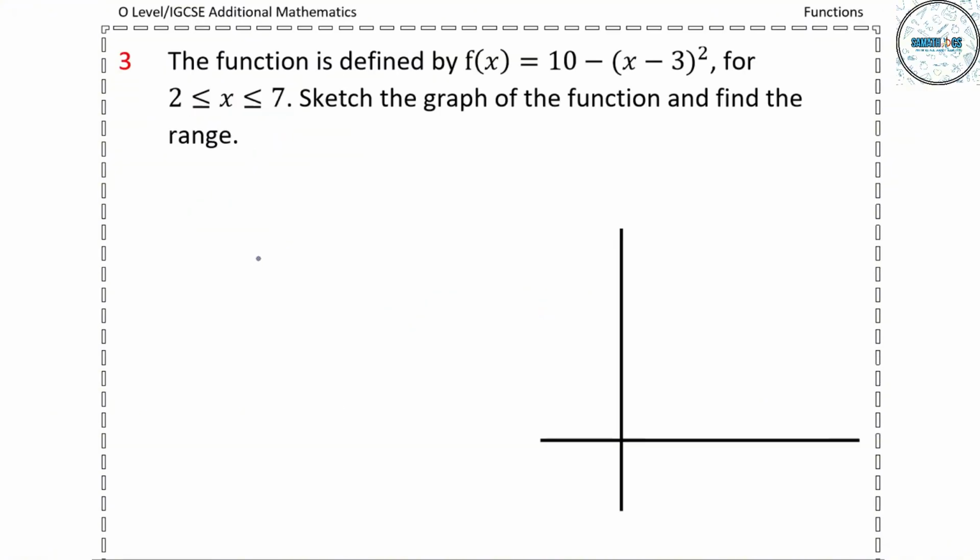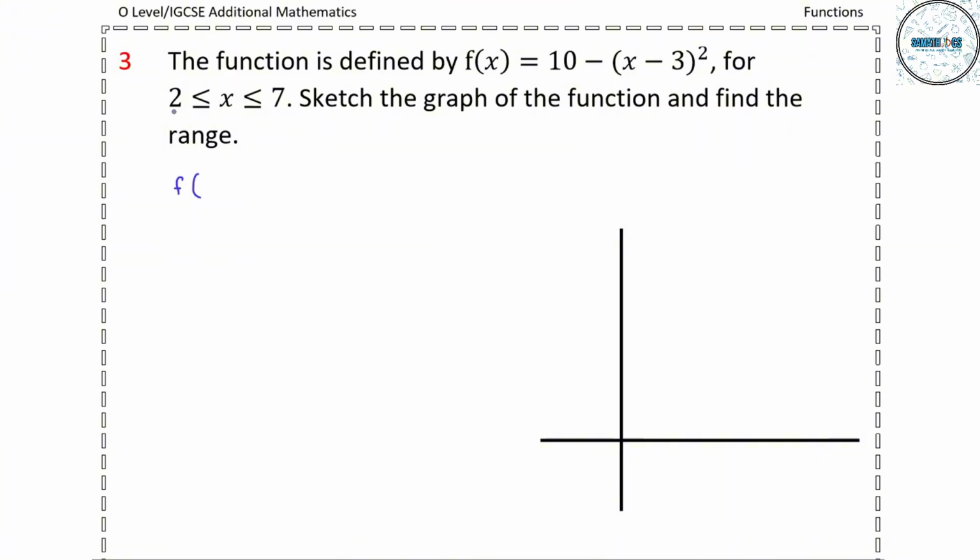Let's do another question in which the function is defined by f of x is equal to 10 minus x minus 3 whole square for x greater than or equal to 2 and less than or equal to 7. Sketch the graph of the function and find the range. First of all, we will sketch the graph.